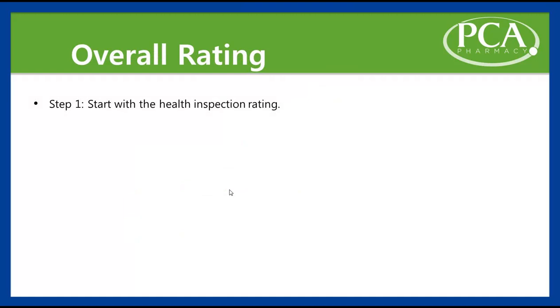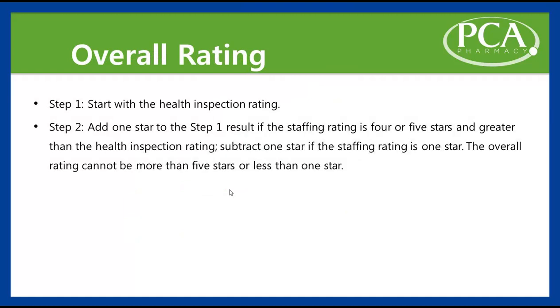When you talk about the overall rating, combining all 3 domains, you start with a health inspection rating, and then 1 star can be added to the health inspection rating if the staffing rating is 4 or 5 stars, but it also has to be greater than the health inspection rating.